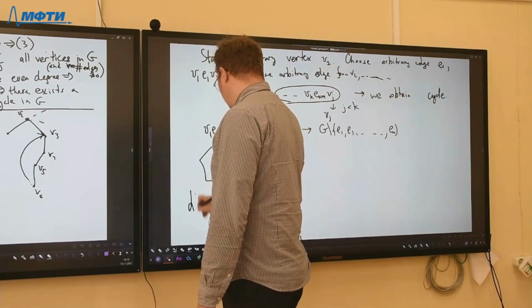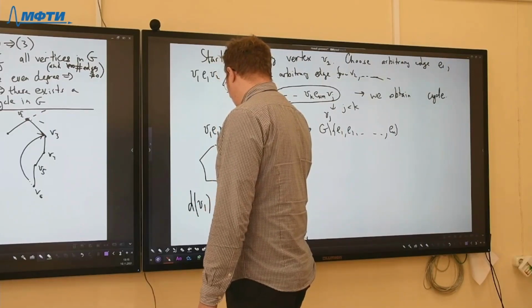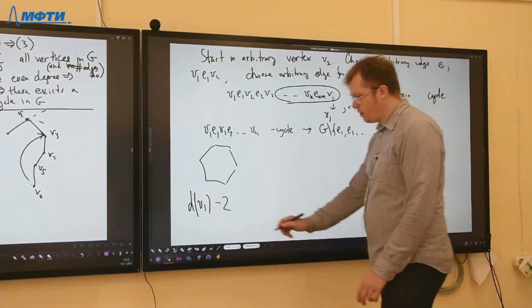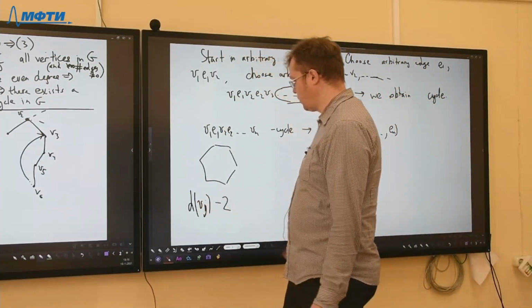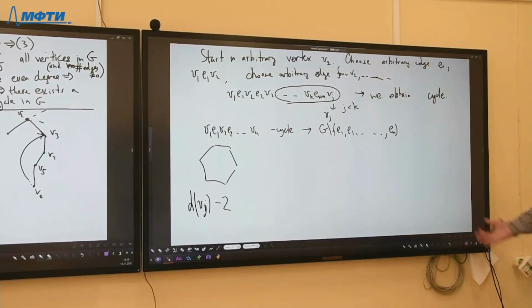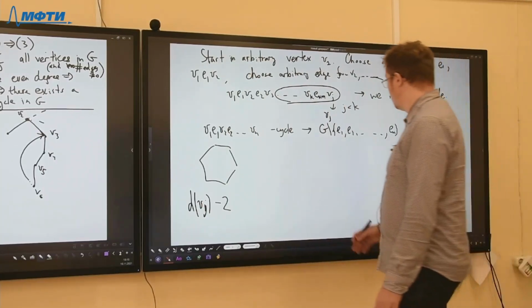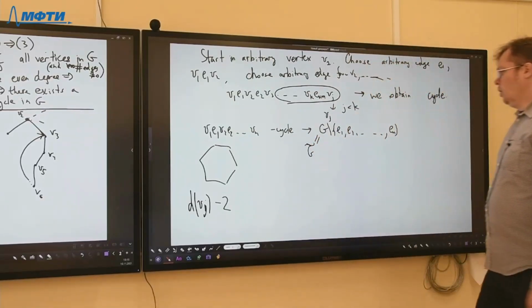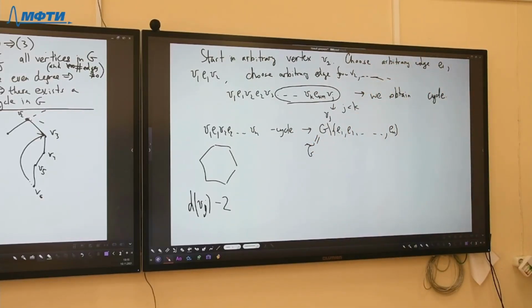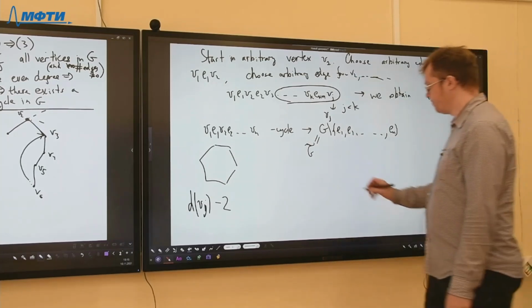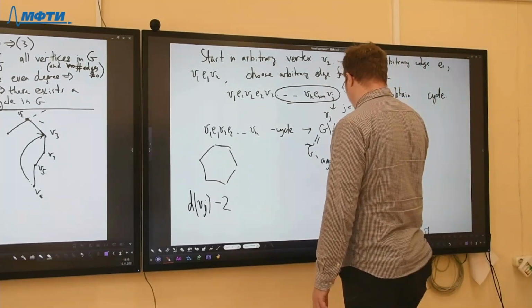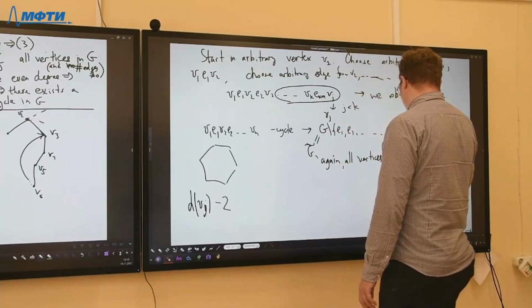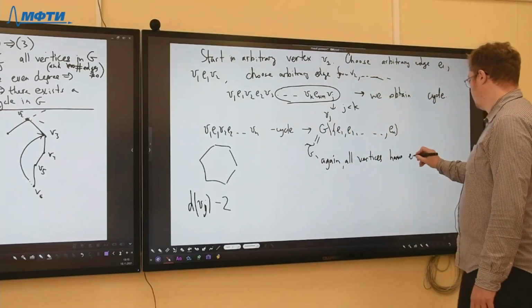But if the degrees are even, subtracting 2 keeps them even. And so in the new graph, again all vertices have even degree.